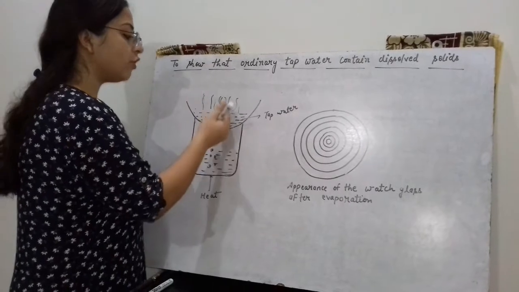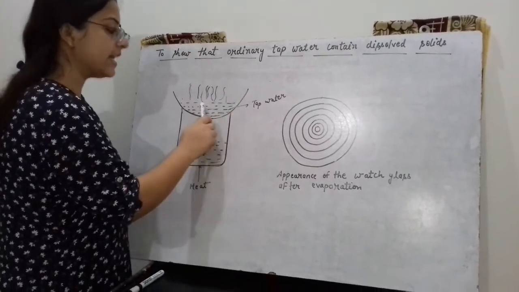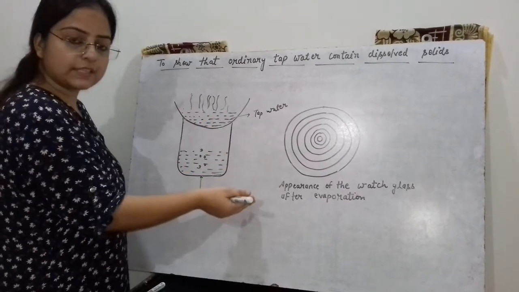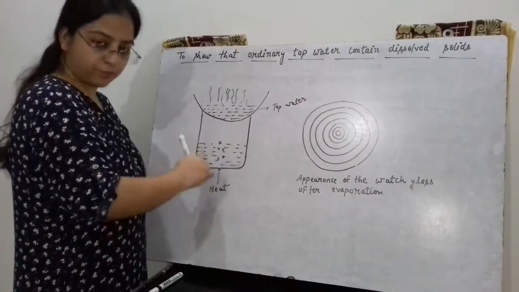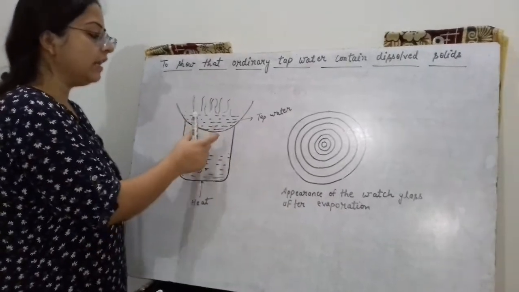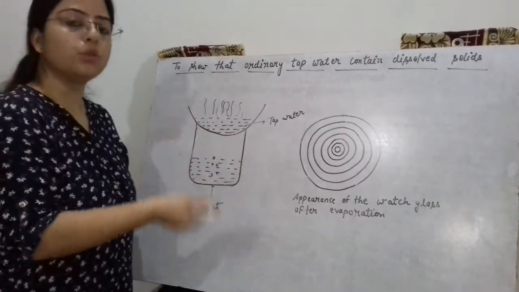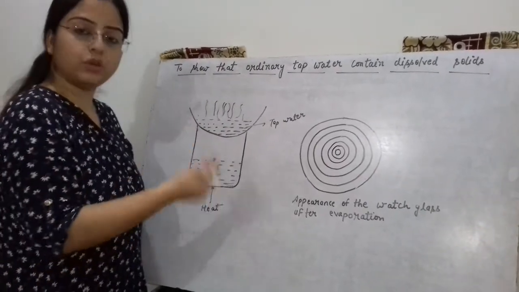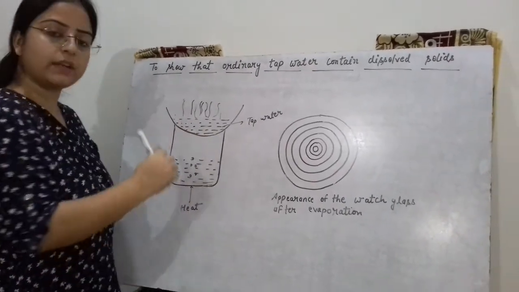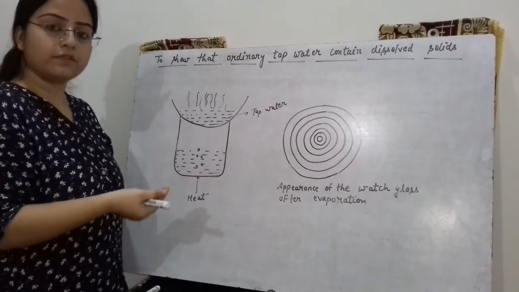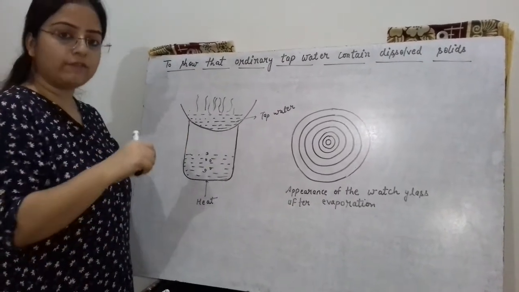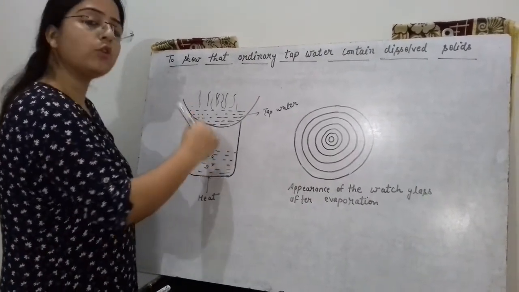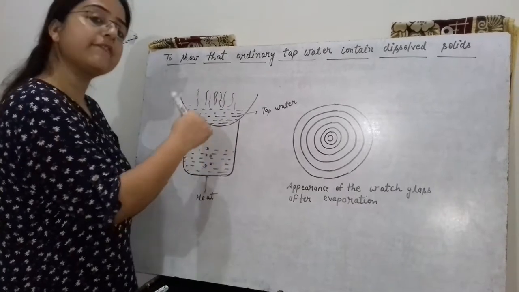So when all the water from this watch glass has evaporated, we will remove this watch glass from the beaker, from the burner, and we will allow it to cool for some time. Then after cooling, when the watch glass is cold, we will observe it against light.